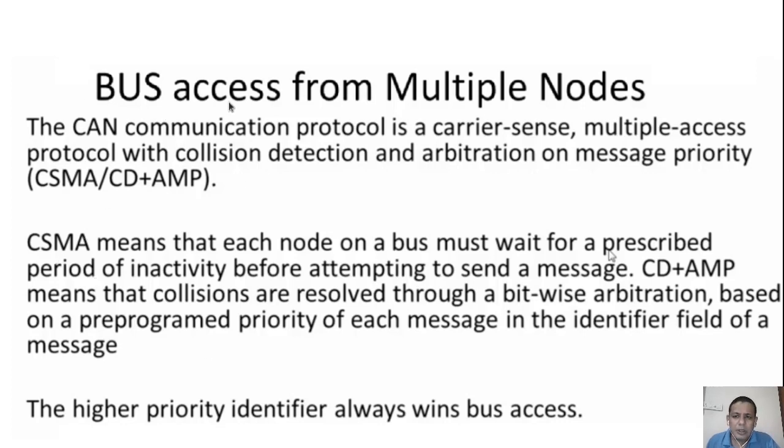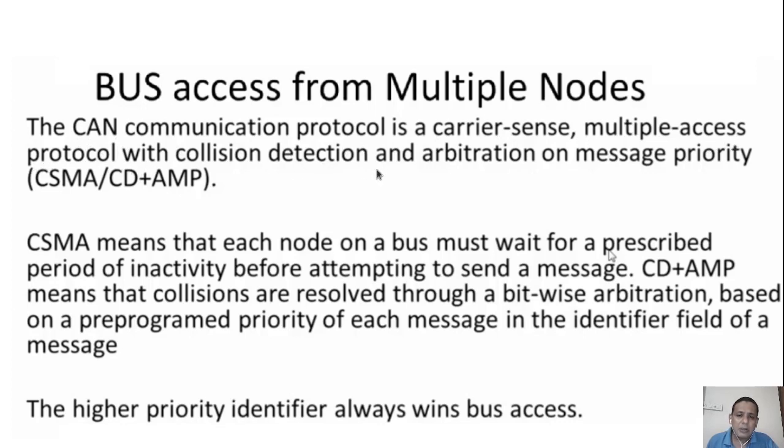Now we can see what will happen if two or more nodes are trying to access our CAN bus from different nodes. The device having higher priority only will get the access. The CAN communication protocol is a carrier sense multiple access protocol with collision detection.